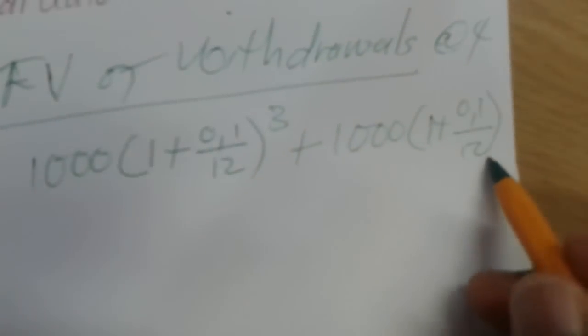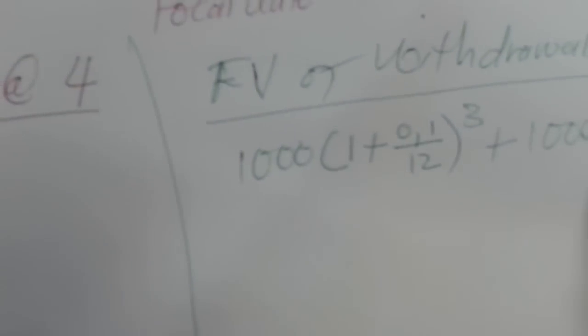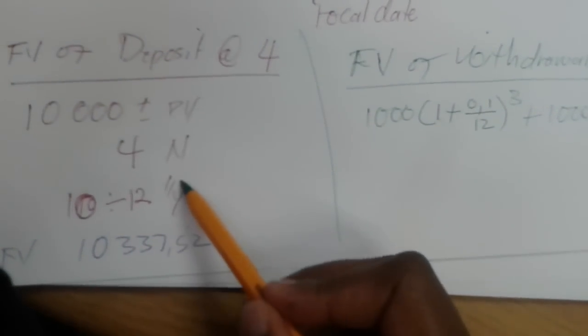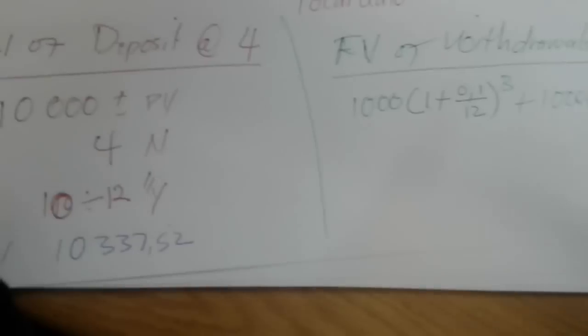So just leave it like that. This one is for that one, and the second one is for that one. So you can use this, or you can use the calculator. You can do FV for this using the calculator, again FV for this, also use the calculator, and add the two FVs, same thing.